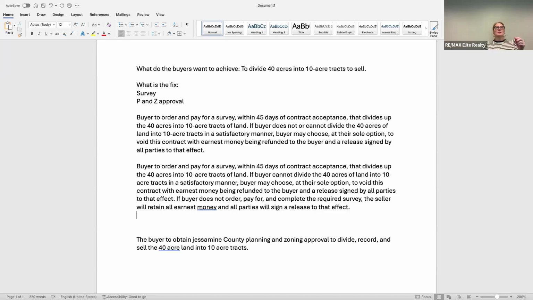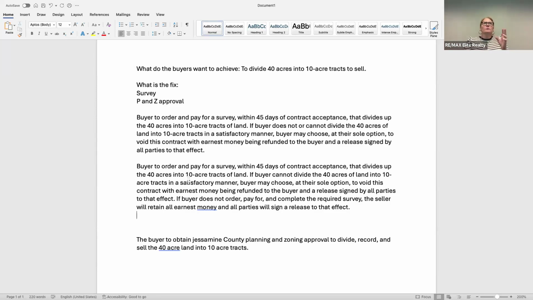So this one says something different. This one says, if the buyer can't, meaning there's no reasonable way for the buyer to be able to divide the property, they get the earnest money back. But if the buyer does not order, pay for, and complete the required survey, they just don't take the action to fulfill the contingency, then the seller will retain all earnest money and all parties will sign a release to that effect. So you have 2 very different contingencies here.